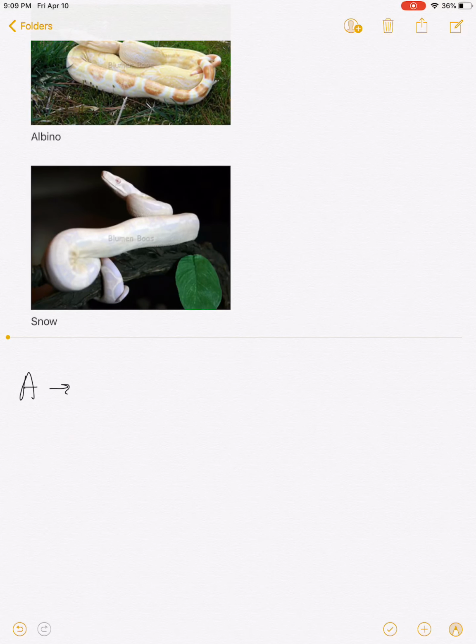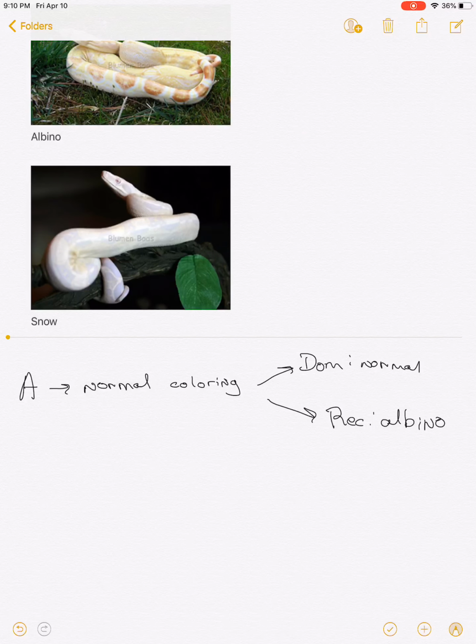So this is going to be giving you your normal coloring. And then on top of that, for those two, you have the dominant, which is normal, and then you have the recessive, which is albino. So that's going to be that A trait.